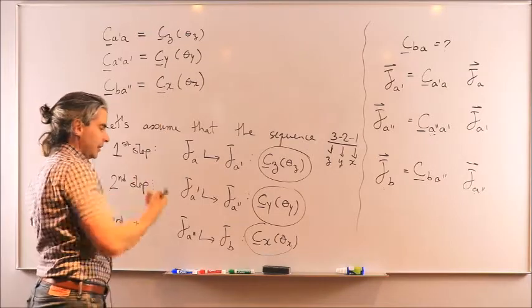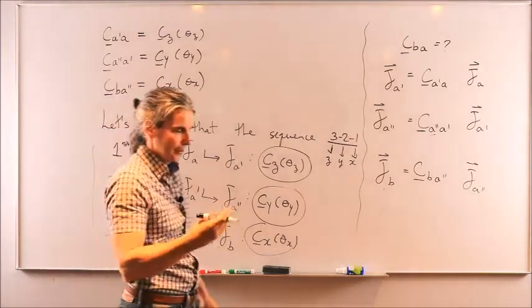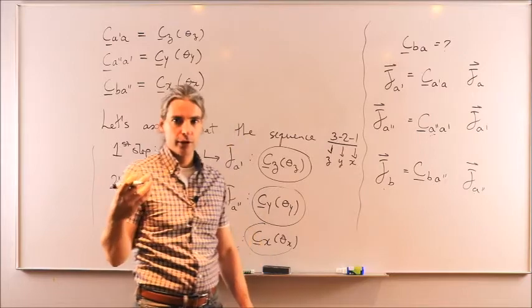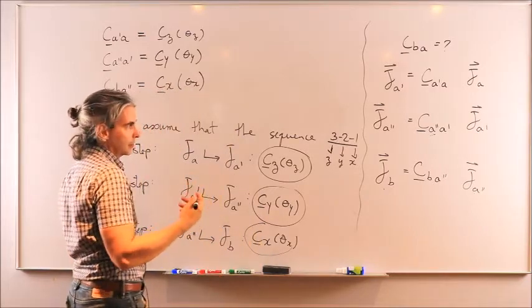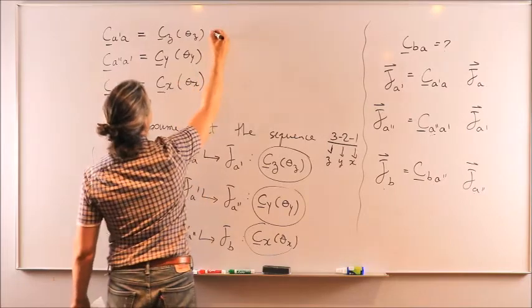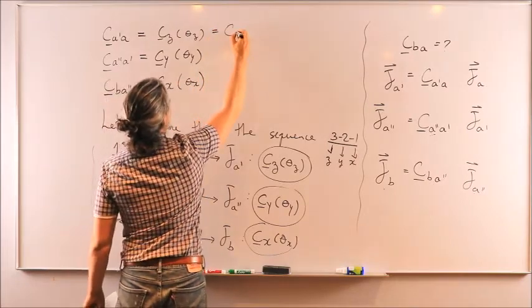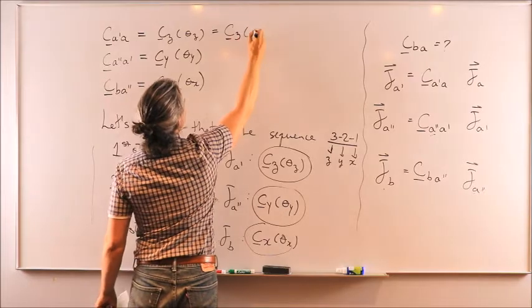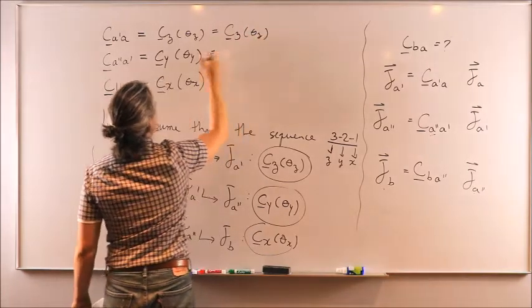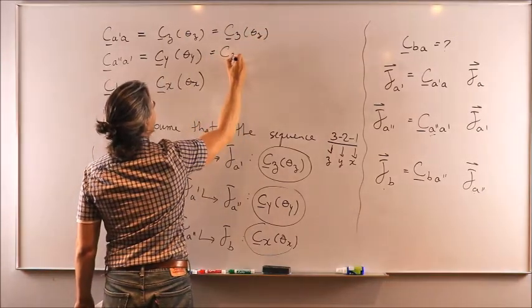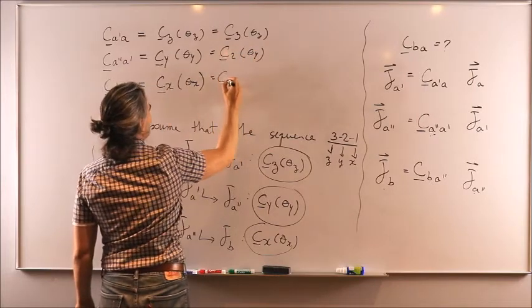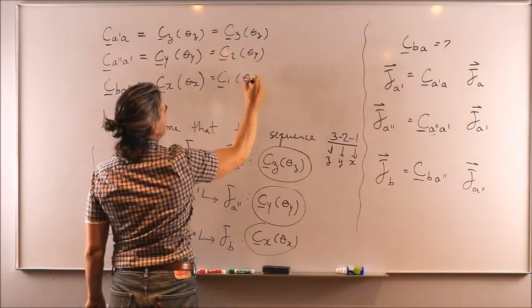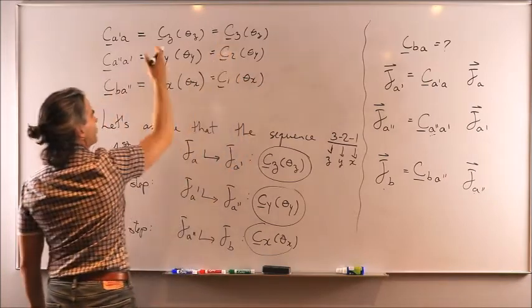So previously I've described the CX, CY, and CZ in terms of their shared definition. Well, those could be replaced with C1, C2, C3. Okay, so CZ can also be written as C3 of theta Z. CY is the same as C2. And CX is the same as C1. Okay? Just two different ways of writing the same thing.